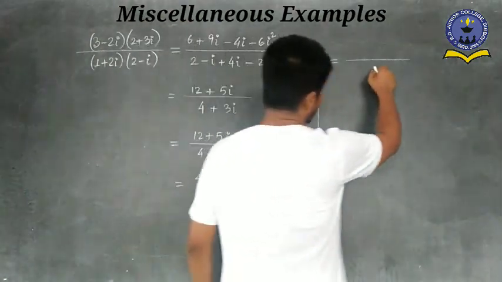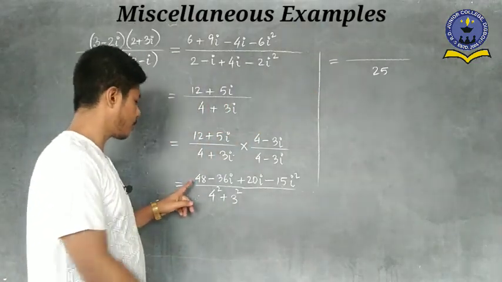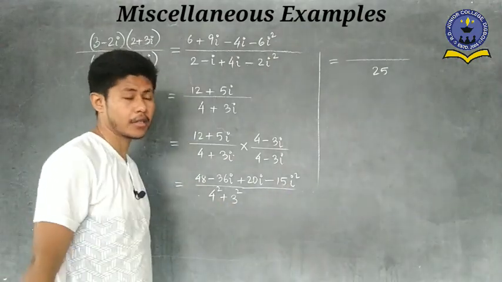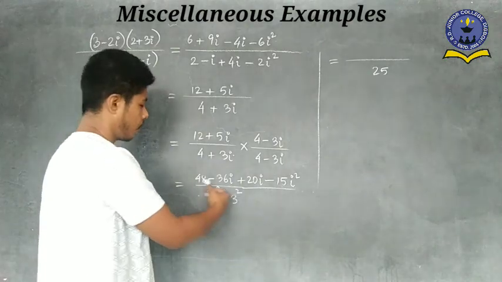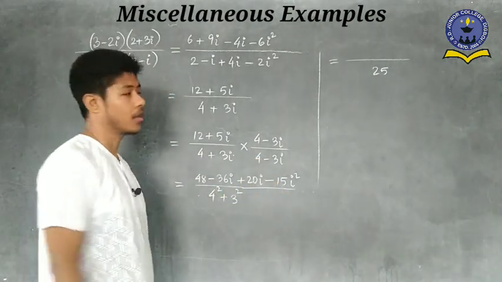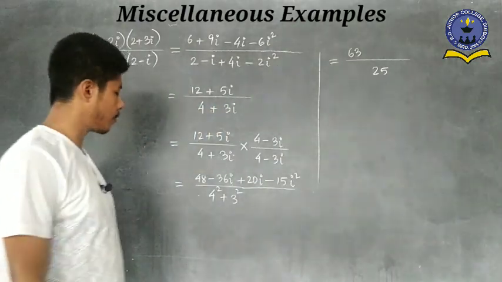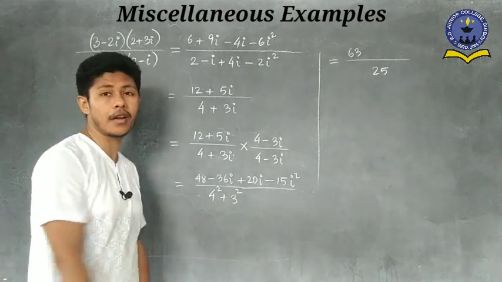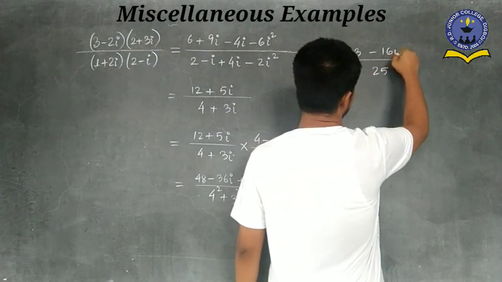So in the denominator we get 25. Now in this part, i squared means minus 1, minus minus plus, so plus 15. 48 plus 15, how much? 63. And the second one: minus 36i plus 20i, how much remains? Minus 16i.